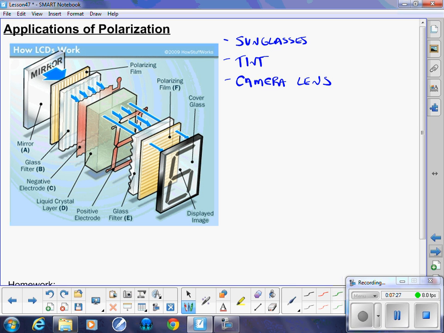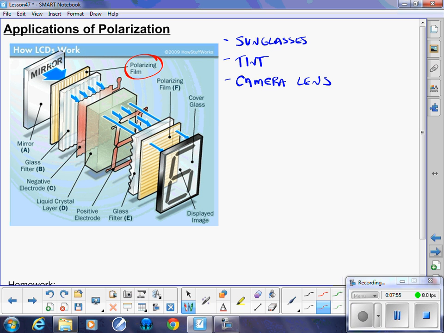Okay. Now I've taken this picture off of Google Images here, and it's to show you what's involved in your LCD TV. So that LCD TV has a whole bunch of components. I'm not going to go into the huge detail of it because it's a little bit more complicated. I just want to simplify it a little bit. So you'll notice the highlights key for me here is that there are two polarizing films in an LCD.